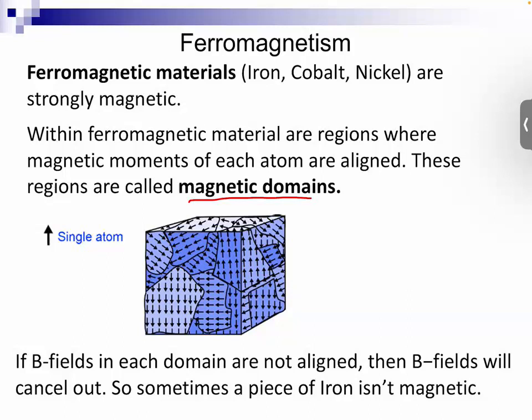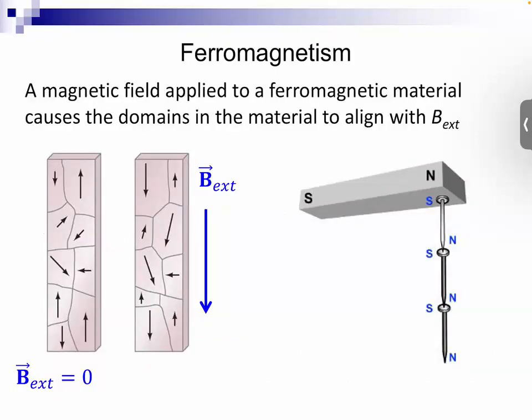But then if you subject this ferromagnetic material to an external magnetic field, say, for example, you bring this ferromagnetic material near a magnet, like here, or you make a current flow through it, what happens is that the random orientations of the magnetic fields in each magnetic domain then align themselves according to the external magnetic field.